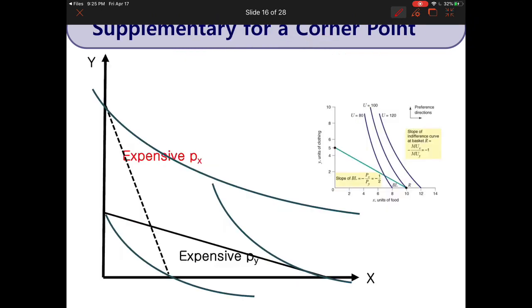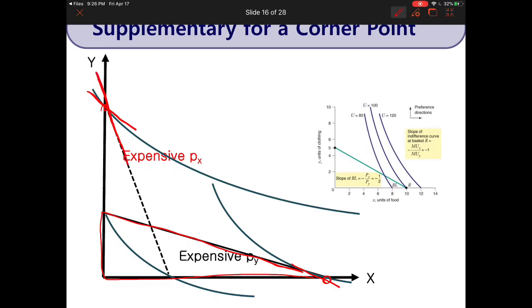Supplementary for a corner point. What is this one? So having this one as a corner, the slope of the MRS should be greater than the slope of the budget line. This is the budget line. Supporting a corner along the y-axis, the slope of the MRS should in absolute value be less than the slope of the budget line.